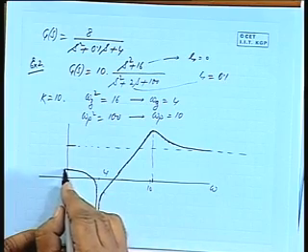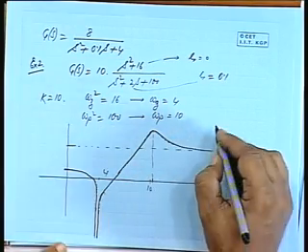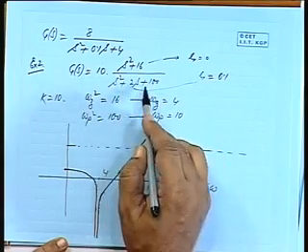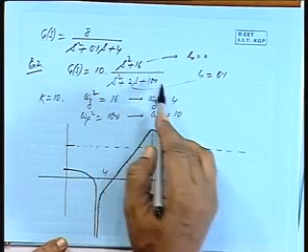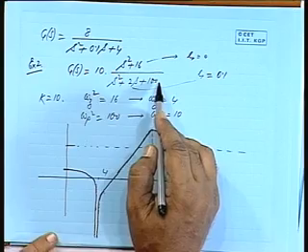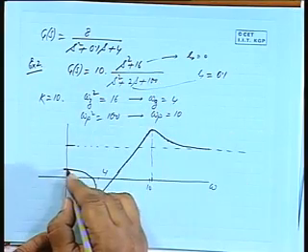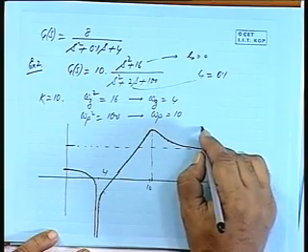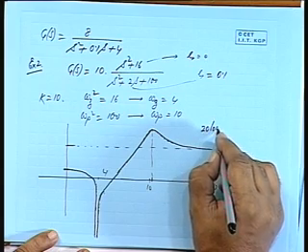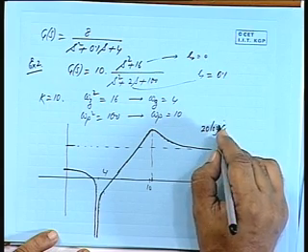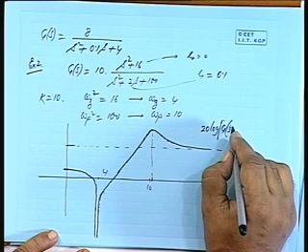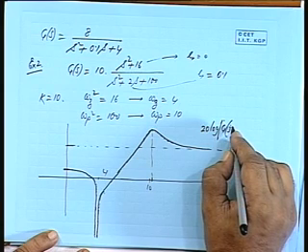How much is this? 20 log. When I put s equal to 0, 160 by 100, is it not? So this starting value is 20 log of G at j omega tending to 0, very small.